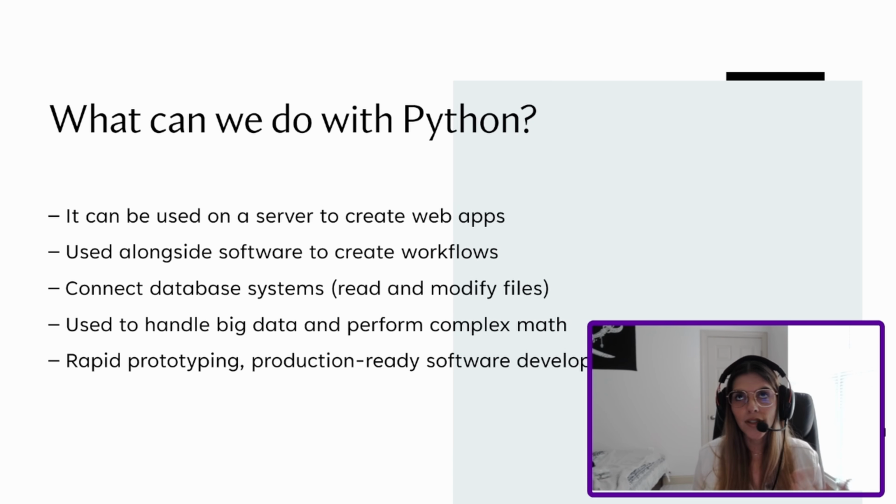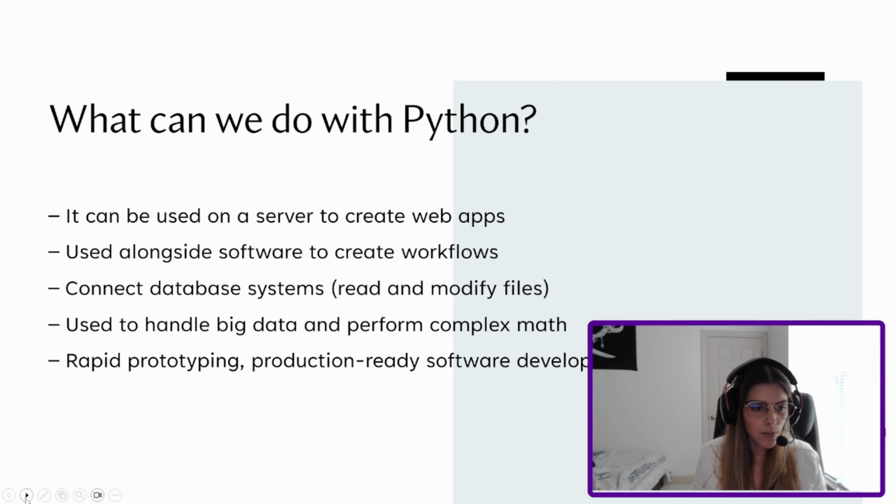For example, you can use it to read files, modify them, and save them again with the modifications, etc. You can use it to handle big data, like very large data, like millions of entries. And you can use it to perform math on that big data. It's also good for rapid prototyping, and it's also product-ready software development. And the best part is that it's free.